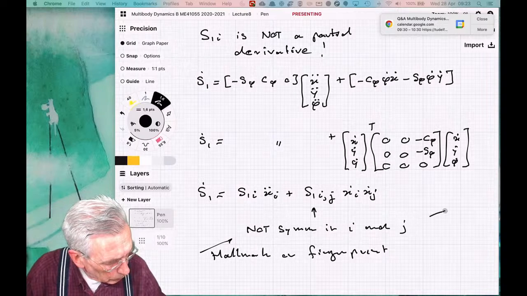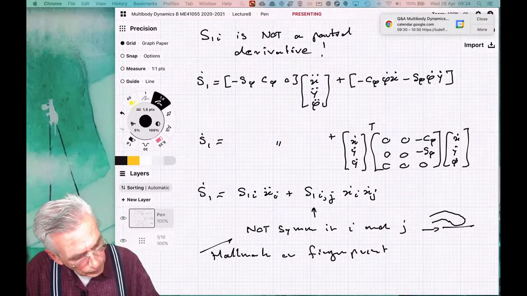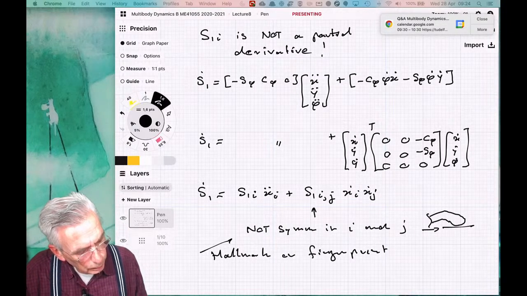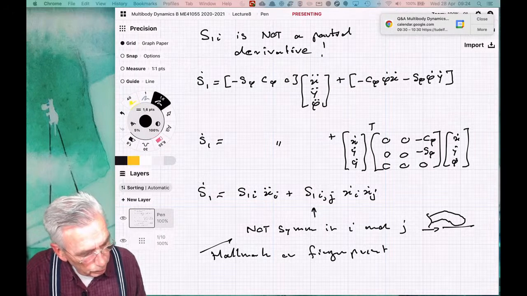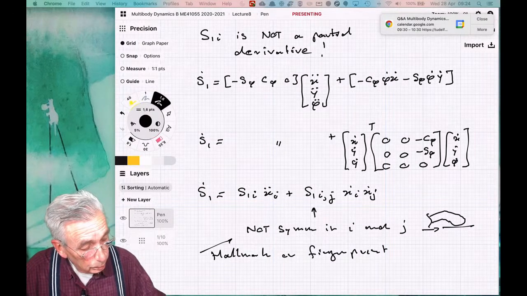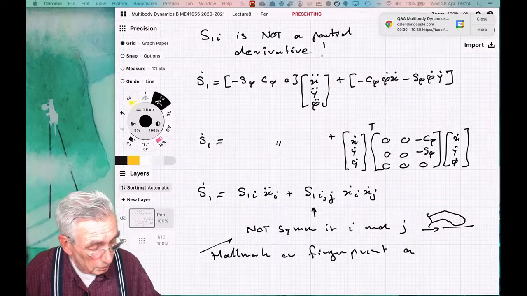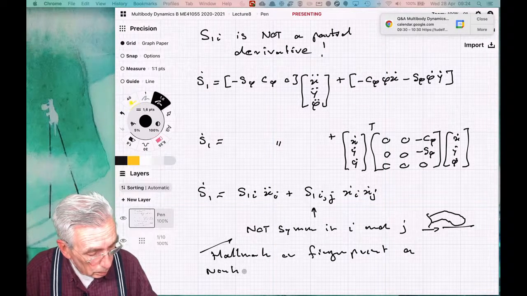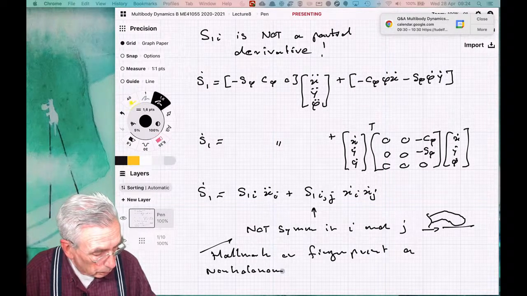So you could say fingerprint. This. Huh? It's a fingerprint of a non-holonomic constraint.